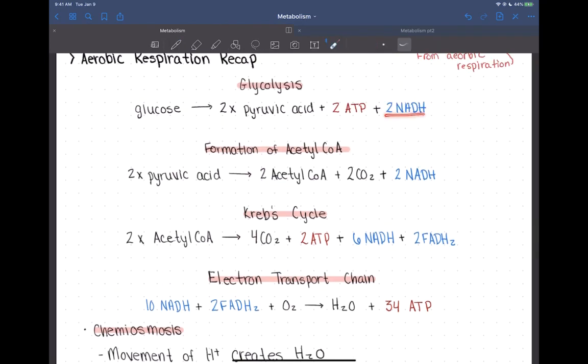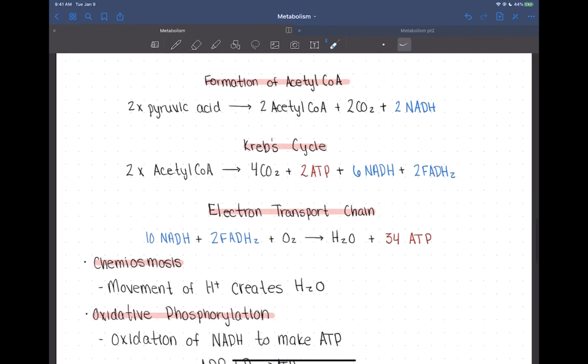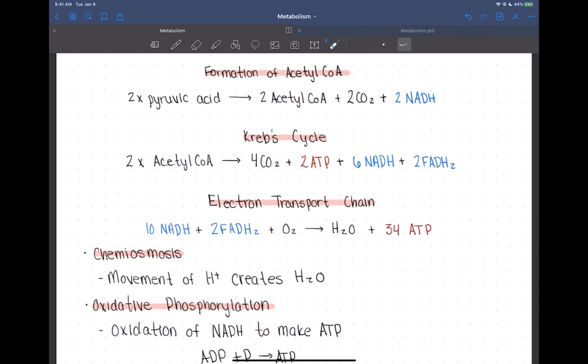Okay? And so then if we put together all of the NADH that we made, so we have 2 here, 2 here, 6 here, that'll be 10 that we're starting our electron transport chain with, and then our 2 FADH2, and then we absolutely need oxygen to receive that hydrogen at the end of the electron transport chain. All right, and so the products of the electron transport chain are going to be water, because of the hydrogen and oxygen, and 34 ATP.